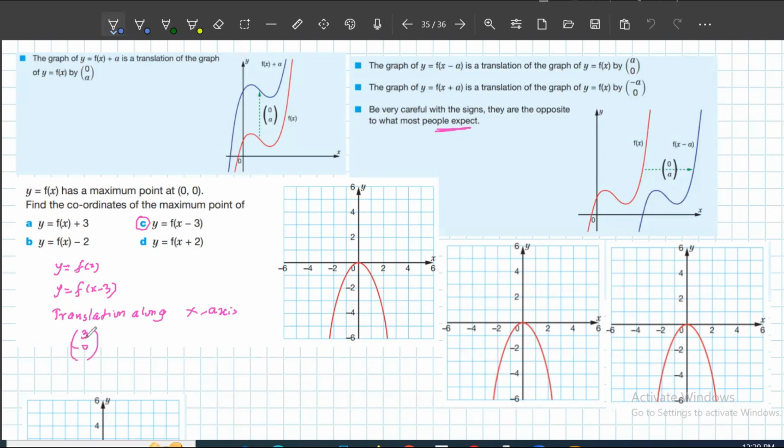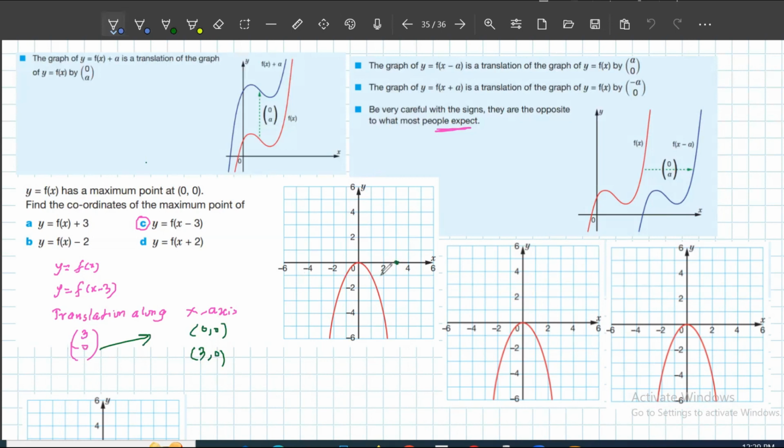And of course they are writing in column vectors, where the first element belongs to x and the second element belongs to y. Remember that our maximum point was 0 comma 0, and after applying this translation vector it would be 3 comma 0, meaning 3 units right. 1, 2, 3. So it will bend from this point.